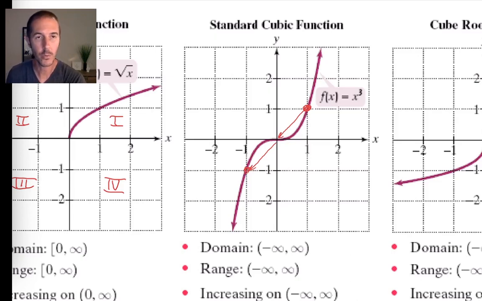And you could do that process starting from any point on your graph. You could travel through the origin and then in the same direction for the same distance, and you will end up at another point on your graph. So that is a characteristic of an odd function, and we describe that as symmetry about the origin.